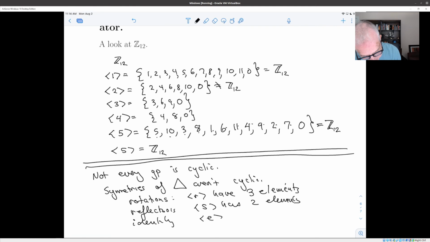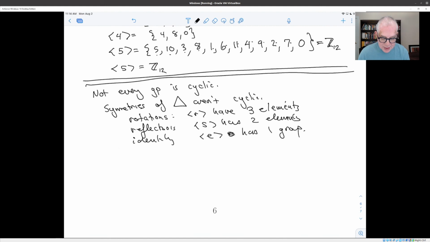The identity element generates just a group with 1 element, namely the identity element itself. So none of the elements of the symmetry group of a triangle give you the full 6-element group of symmetries of a triangle. So we know that there's no generator, and so the symmetries of the triangle are not cyclic.